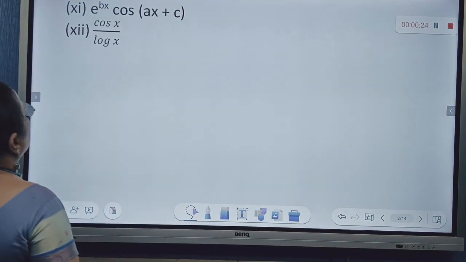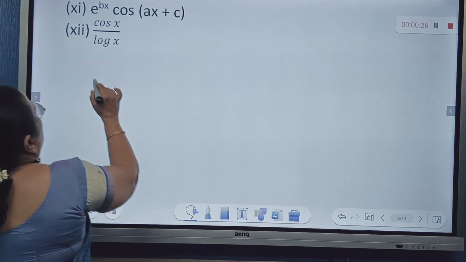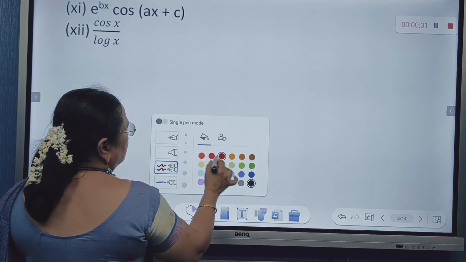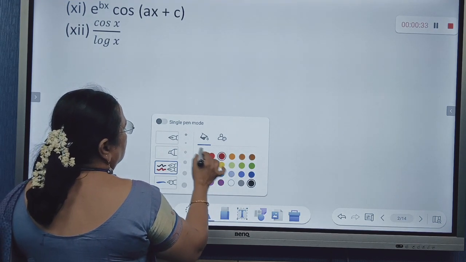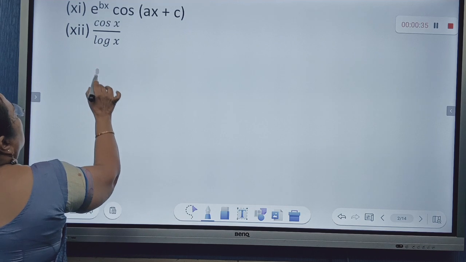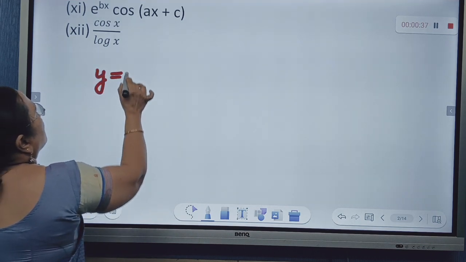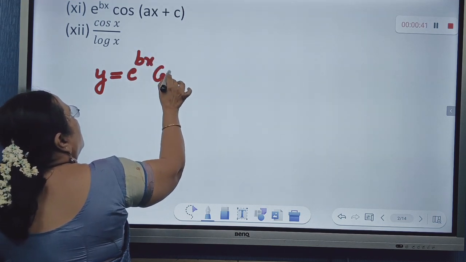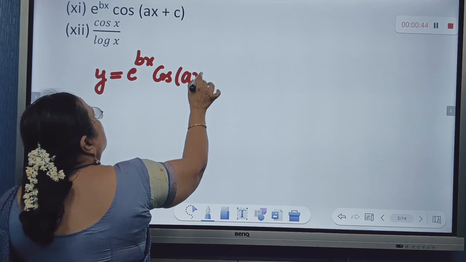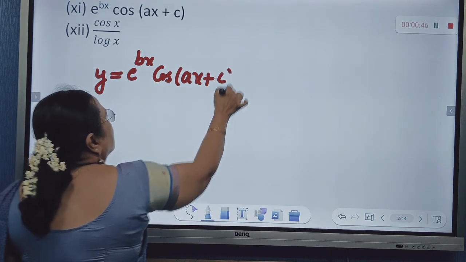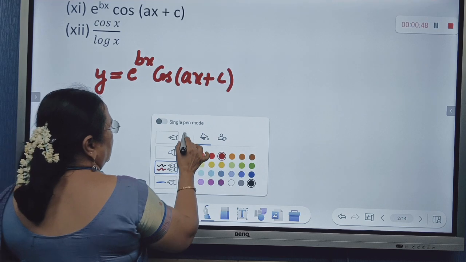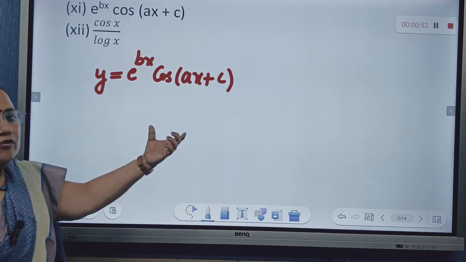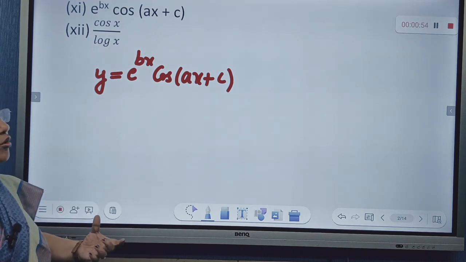Now look at this problem. You have y equal to e power bx into cos of ax plus c. Now you can see it's a product of two functions, so I have to use product rule.